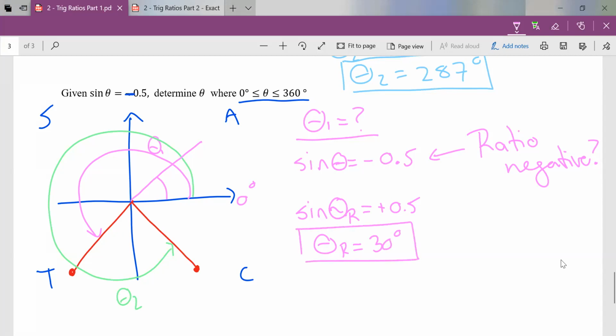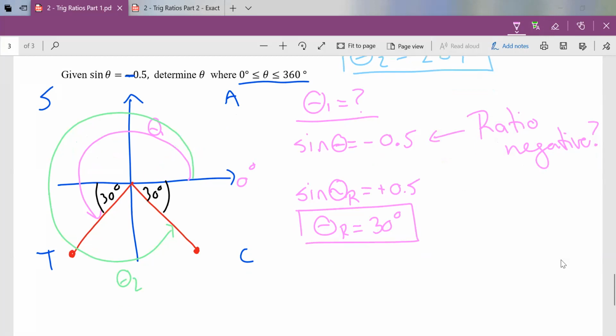So now, what does that help us with? Well, what we just found was our reference angle, and our reference angle is the acute angle measured to the x-axis. So that's 30 degrees, and that's 30 degrees. There it is. So now let's come back and say, what's theta 1 then?